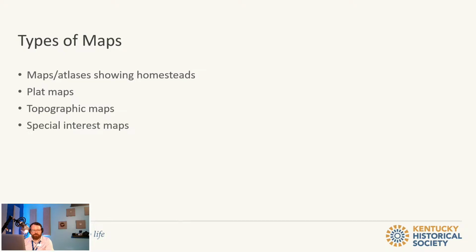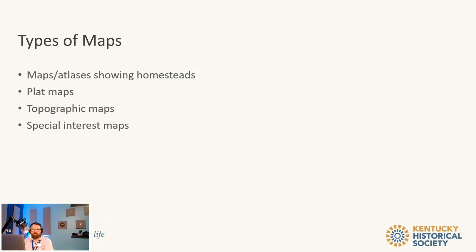Some different types of maps: there are general maps, as I like to call them; they probably have a more official term. Then there are atlases, which show homesteads and where people lived. I really enjoy that.